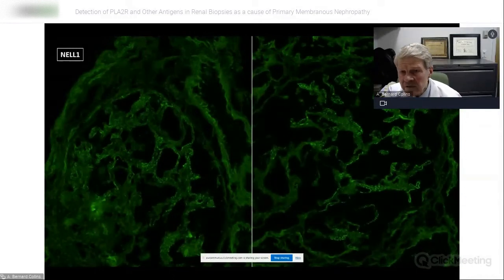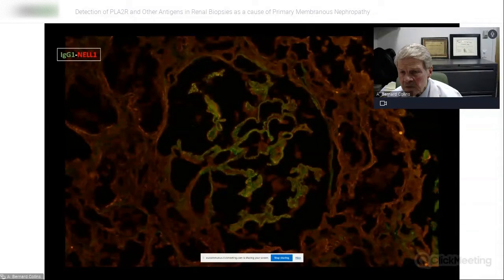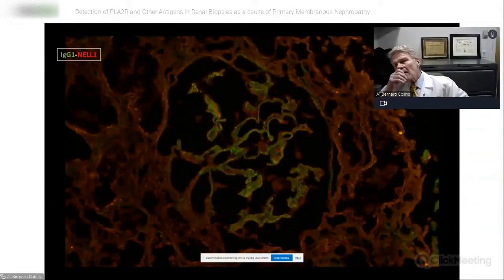Very discrete granular staining. I think one of the learning points here is that we did the co-localization of the IgG1 and Nell-1, and it colocalizes. I think that had we stopped, or had we not had the EM, we probably wouldn't have proceeded, and we would have said that the staining by IgG was probably insignificant.